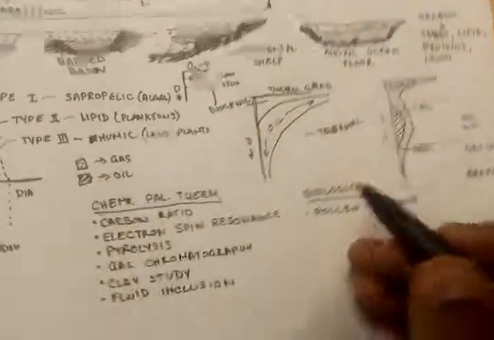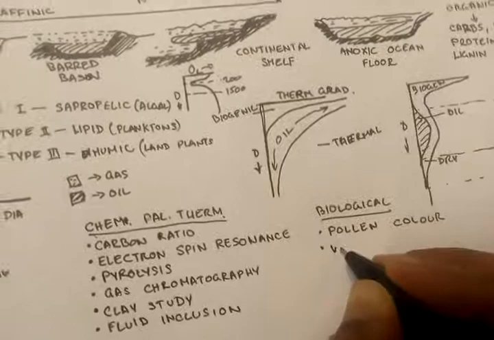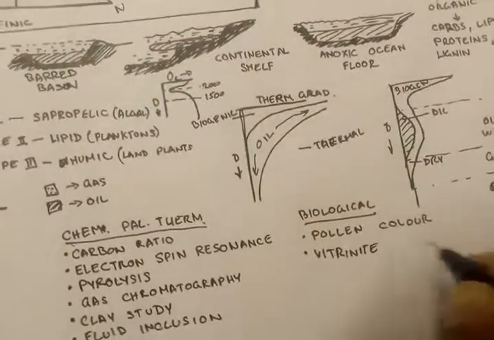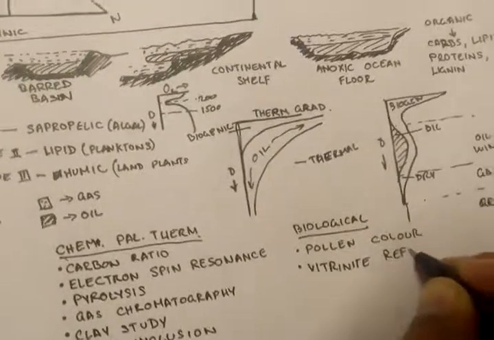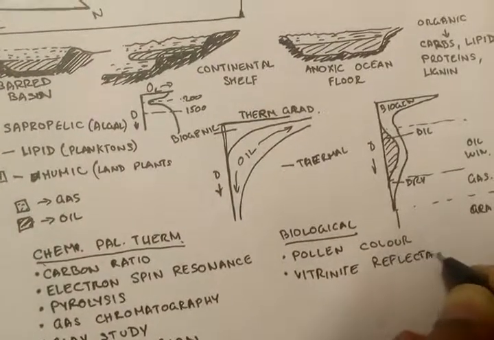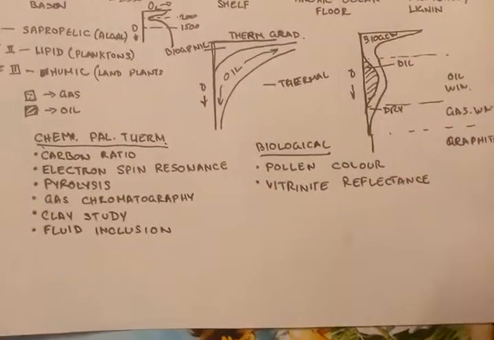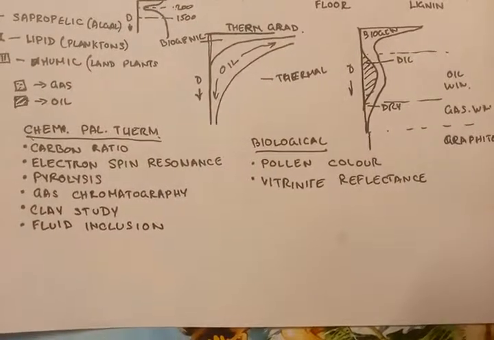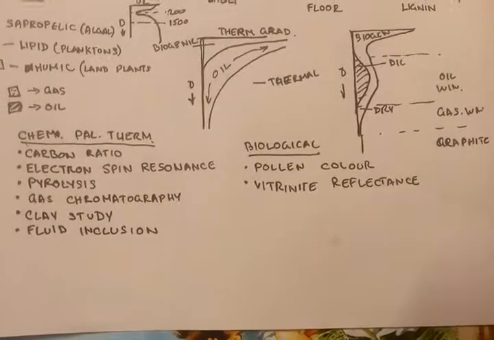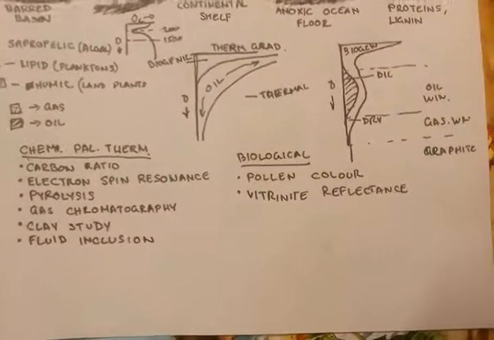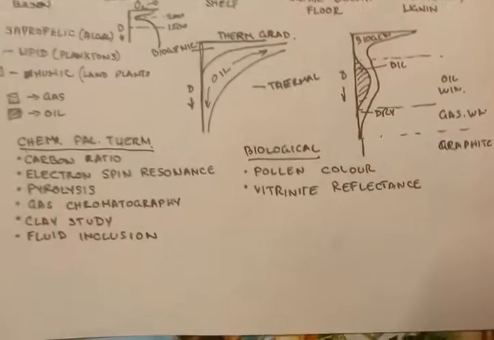A similar thing is done using vitrinite. So we check the reflectance of vitrinites. Vitrinite is basically a coal maceral. You might have studied in coal petrology also that vitrinite is one of the four macerals that coal has. So even in coal petrology, we study the maturation of coal using the reflectance of vitrinites. So vitrinites are also found in oil.